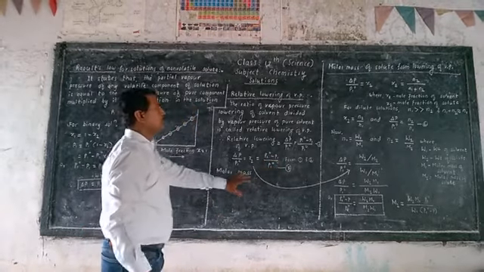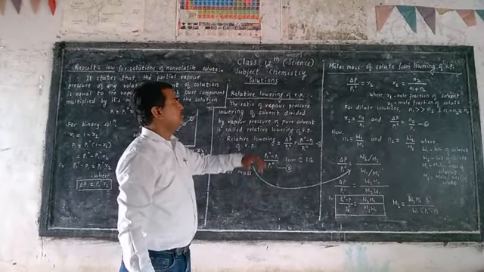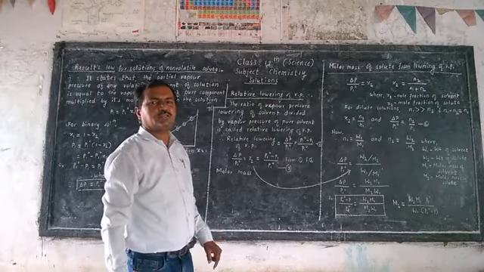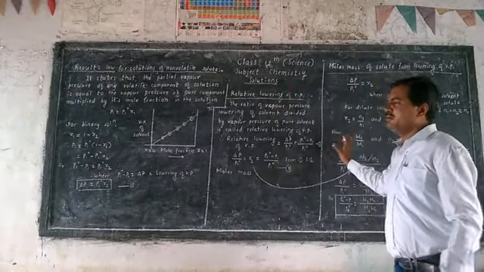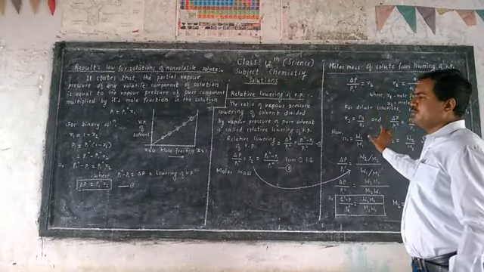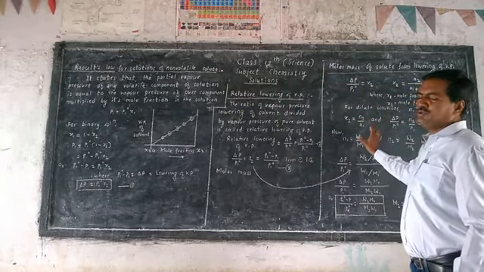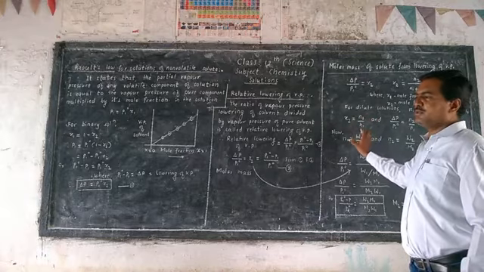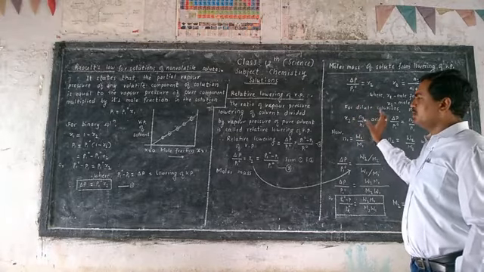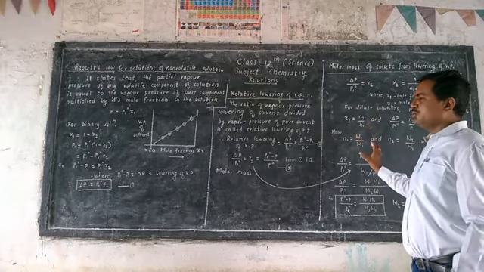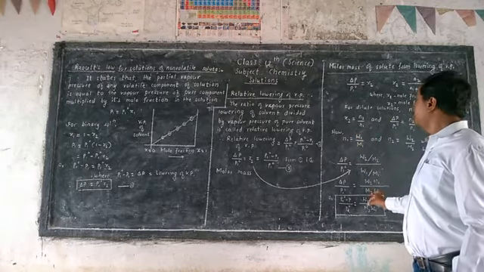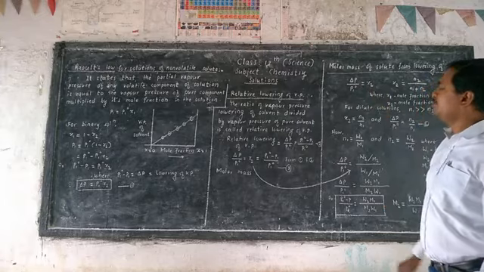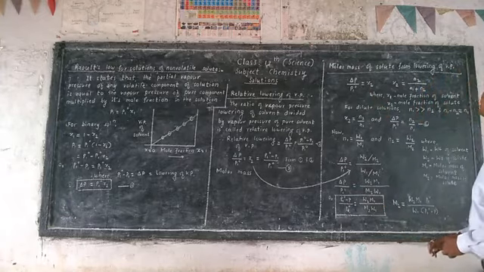Now, on the basis of this, we have to find the molar mass of the non-volatile solute. This is a very important topic from the examination point of view, and for solving problems on lowering of vapor pressure. So derive the formula to calculate the molar mass of that non-volatile solute.